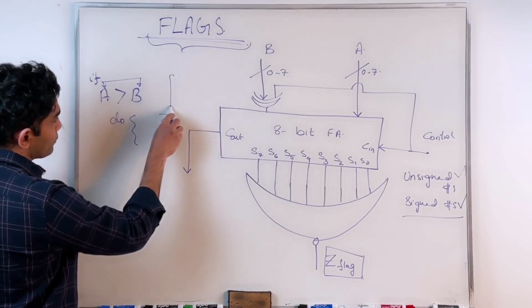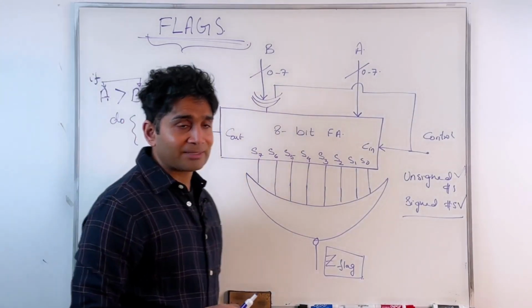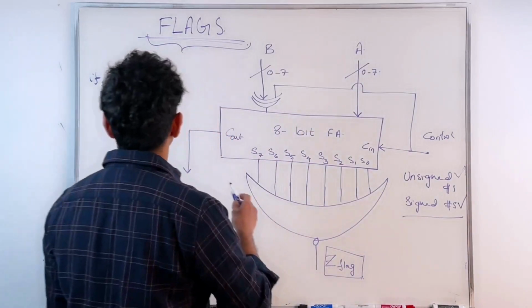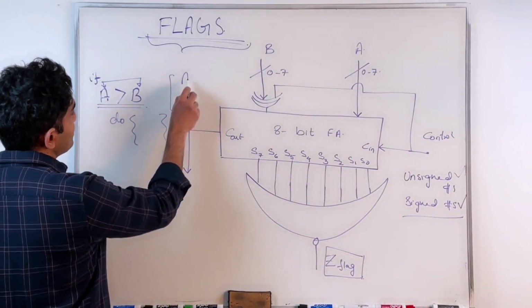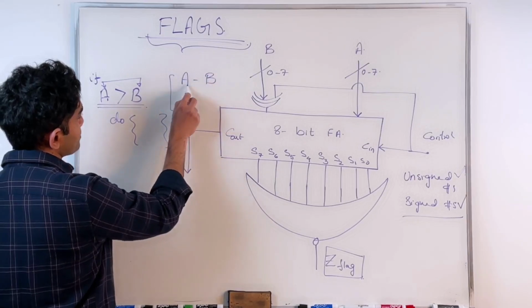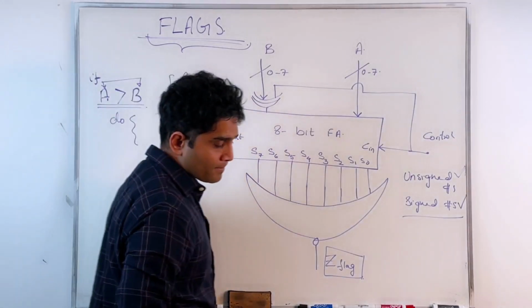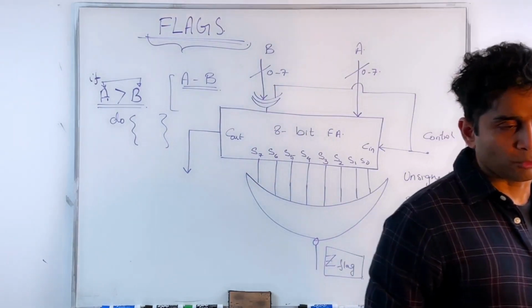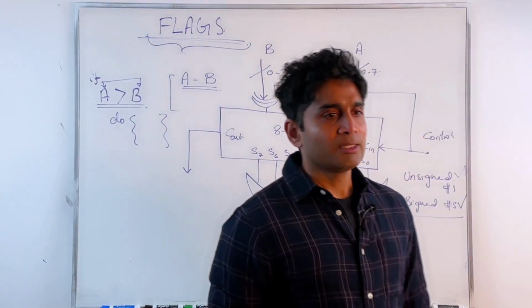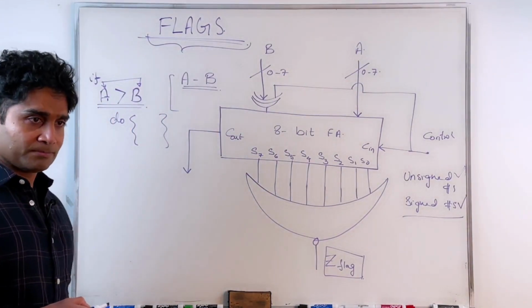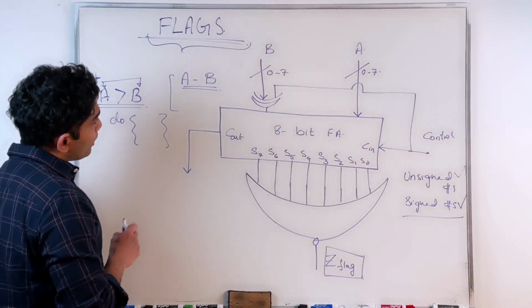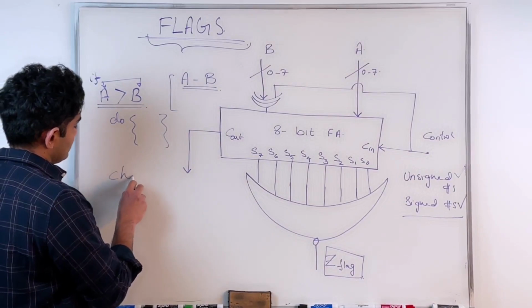At the hardware level, every time I'm checking for a condition like this, first of all, I'm doing this A minus B operation, and I'm checking the result of that operation.